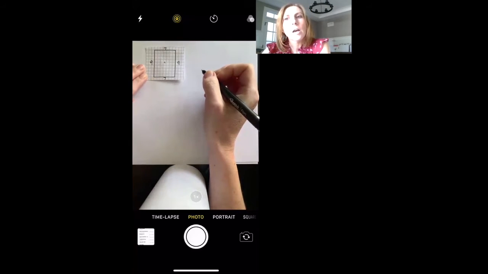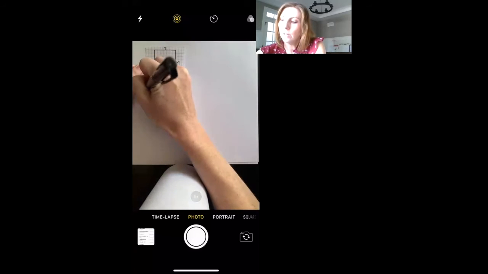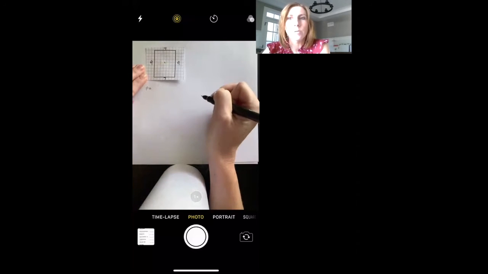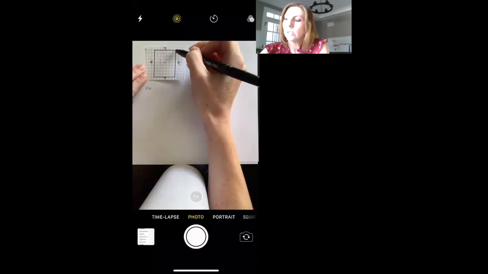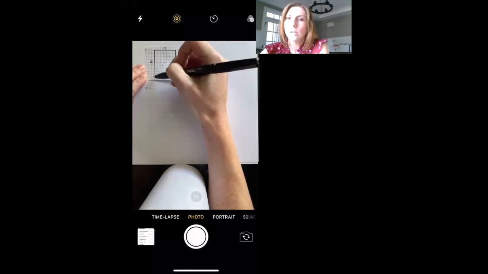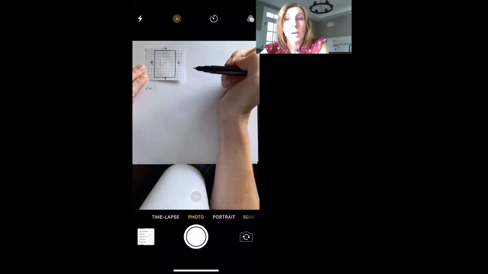So when I remind myself of what perimeter is, I remember that perimeter is the distance around. It's like if I were walking along this line and I walked all the way around, how far would I have walked?